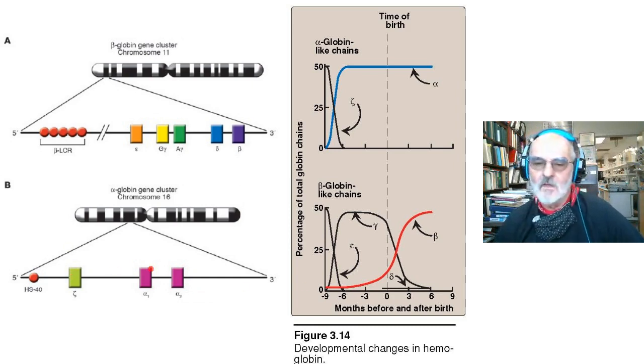So they get expressed in this order temporally. And that is controlled by other loci upstream from the genes that control this and regulate this. So for example, they'll turn on fetal hemoglobin at some point, and then they'll turn off fetal hemoglobin. And it's these loci that control that.